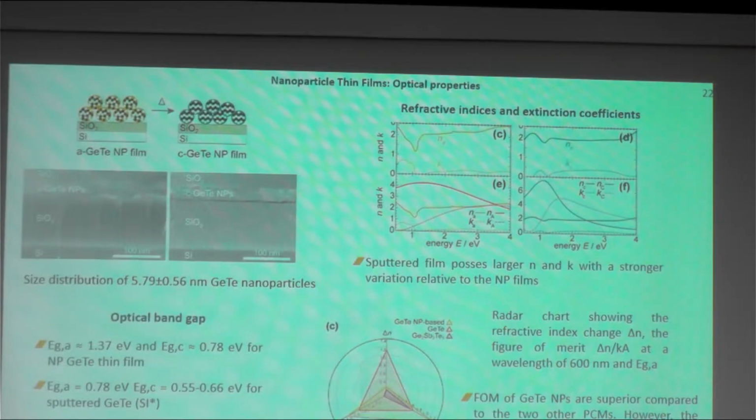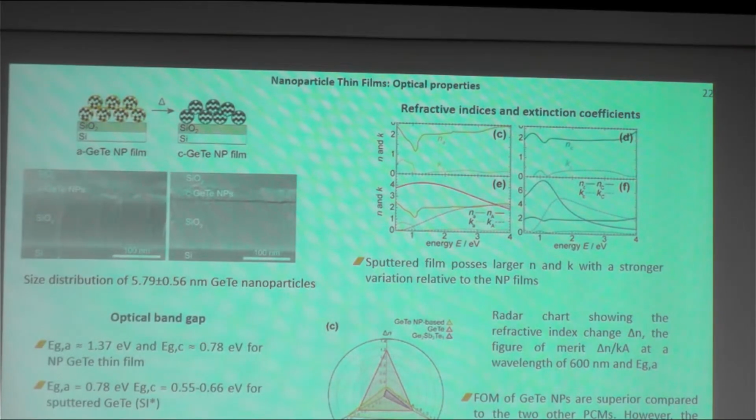Also, this thin film showed optical properties with a larger N and K here. And if you look at such a radar plot, it is called a figure of merit. Here we have delta N, which includes N and K and shows the refractive index change here. And this is the Eg.